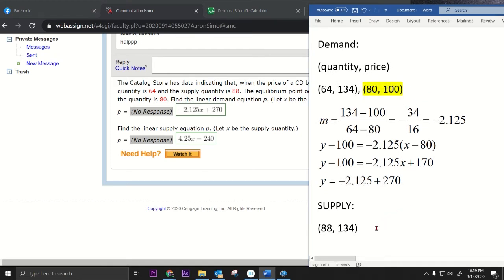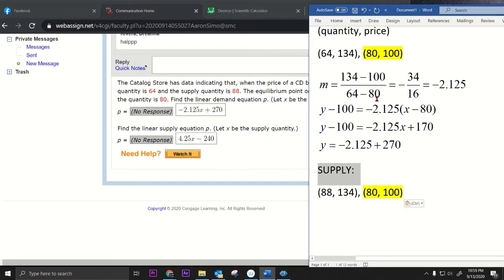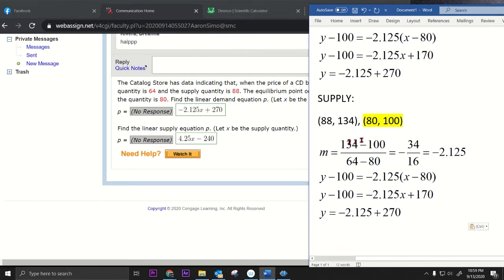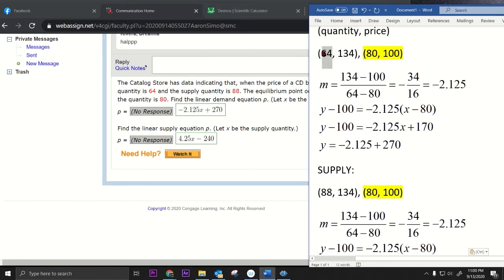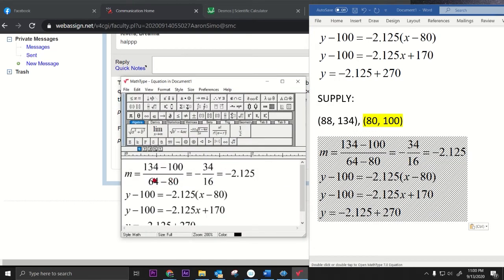Remember, that's the key to this question: the equilibrium point is on both the demand and the supply equation. If you can figure that out, then you're good to go. I'll copy this in and change some numbers around. What's different? 64 changed to 84. Let's change 64 to 84.